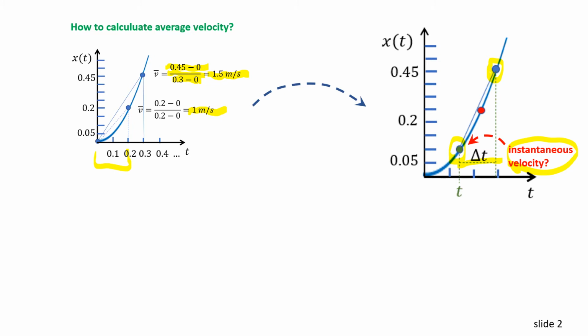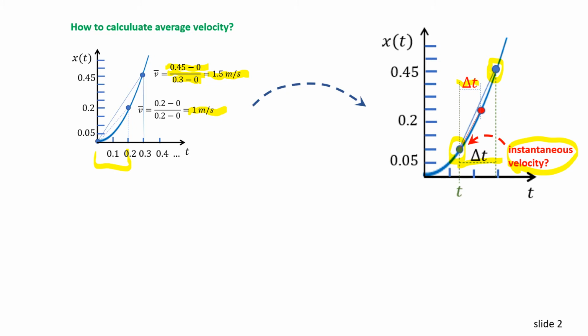Here's the thing, if I move this next time point closer to our current time point, the delta t, the x-axis difference between the 2 points, gets smaller. And yep, we can solve for another average velocity for this smaller time span. So here comes the leap of faith.